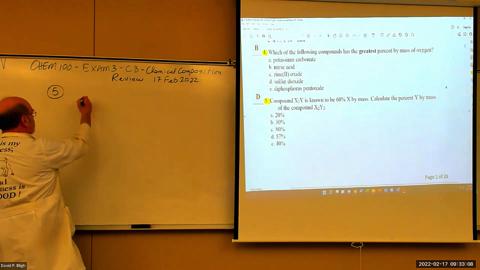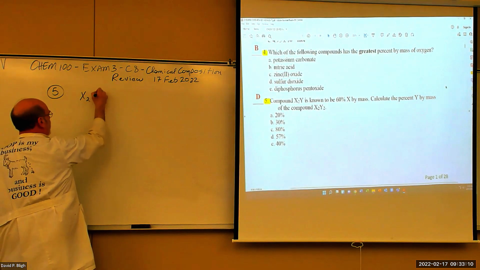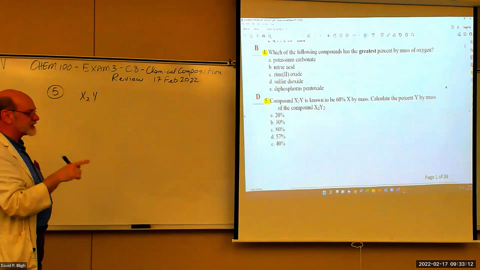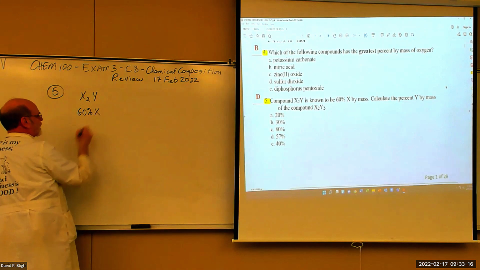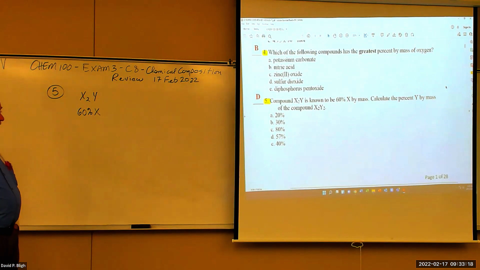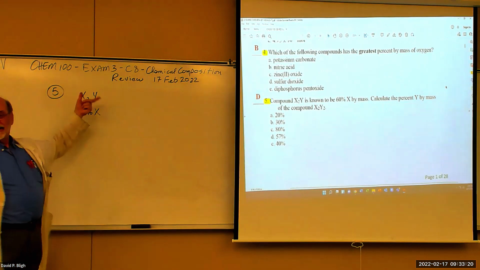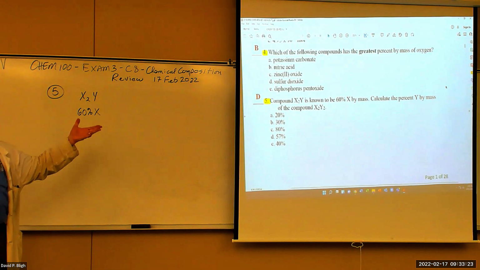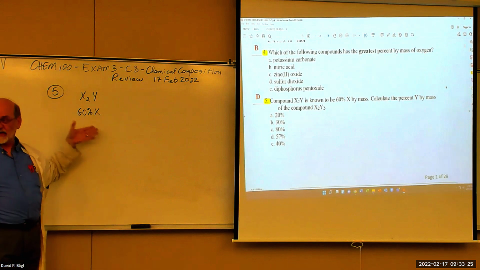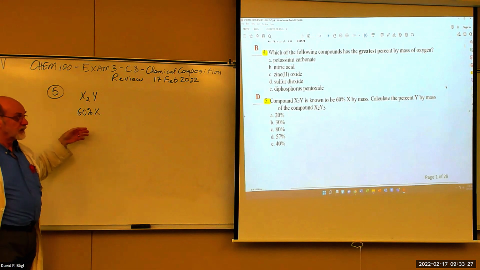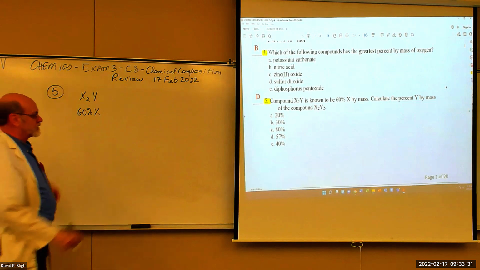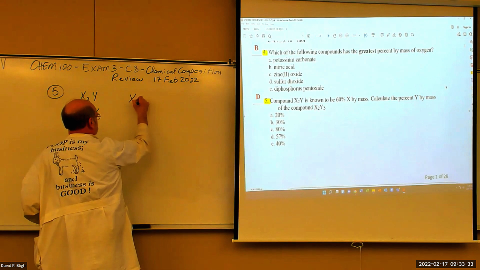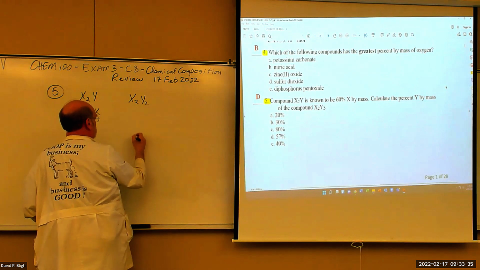Okay, the compound X2Y is said to be 60% X. We have to be told this because X and Y are not real elements. So we have to be given that information. Then we want to calculate what's the Y percent for X2Y2.